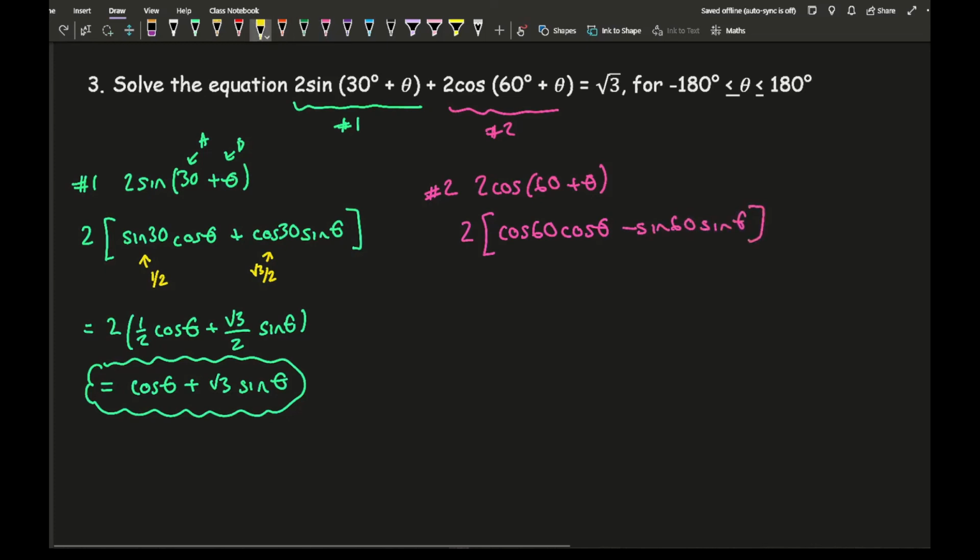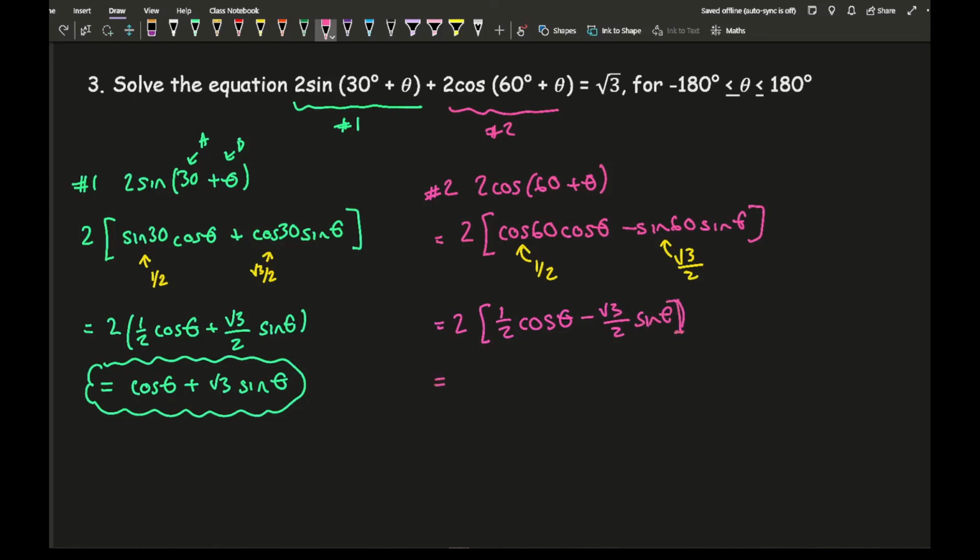And we know a couple of these, so cos 60 is a half, and sine 60 is root 3 over 2. Substituting those in, we get 2 lots of a half cos theta minus root 3 over 2 sine theta, in square brackets, and then simply expanding the brackets out, we get cos theta minus root 3 sine theta.